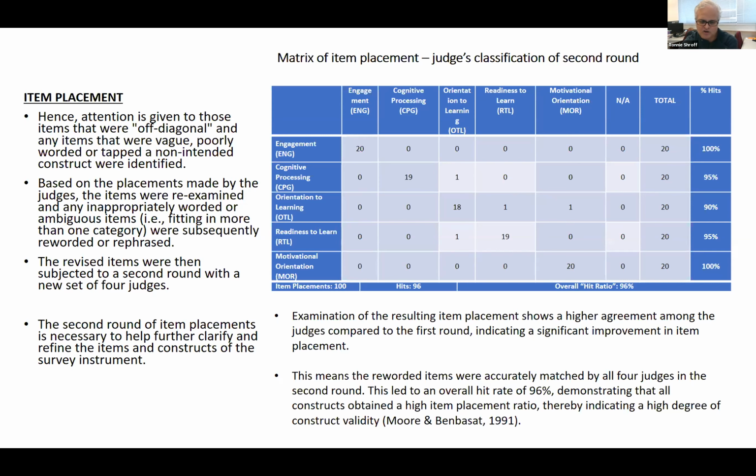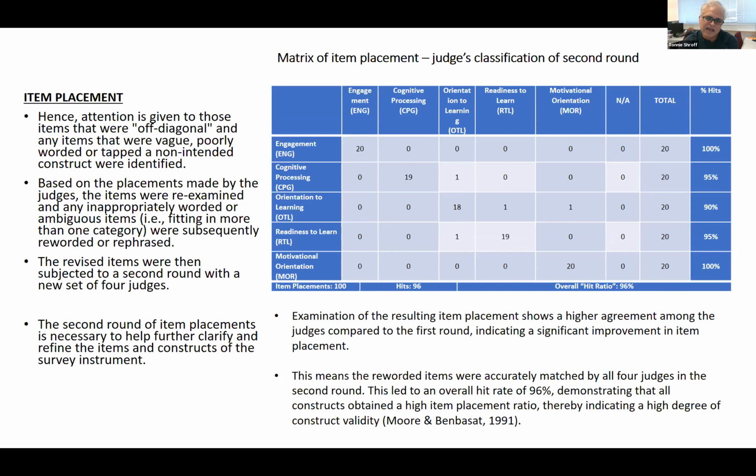Okay, so looking back at this table, the examination of the resulting placement shows a high degree of agreement between the judges in the first round, indicating an improvement in the placement.